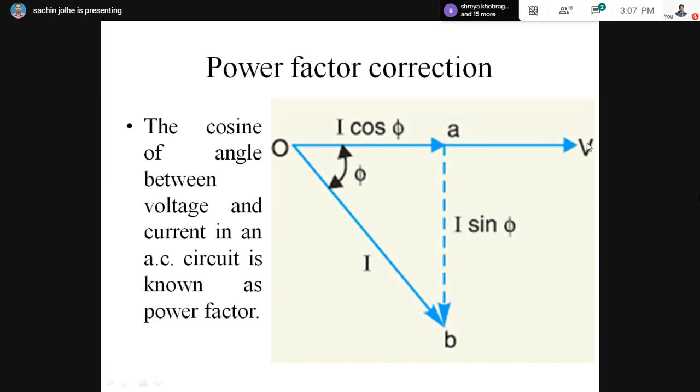So this is our voltage, and this is our current. Whatever the angle between them is, if we take the cos of phi, then we call it the power factor.